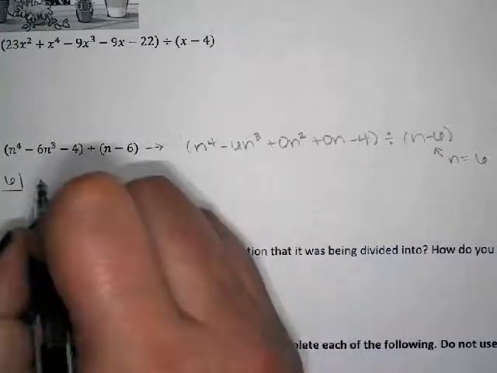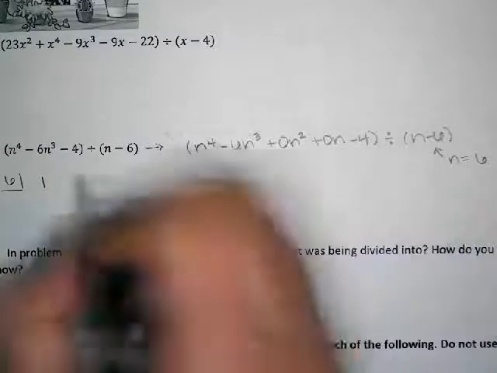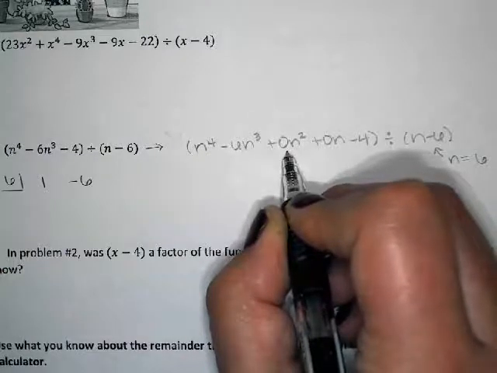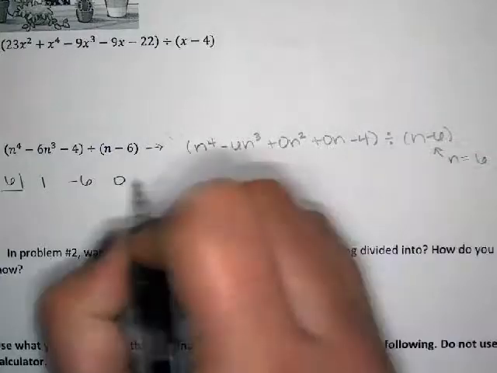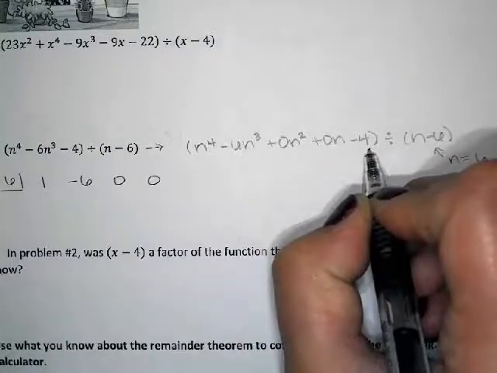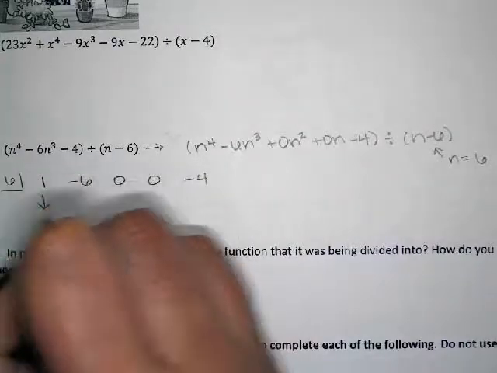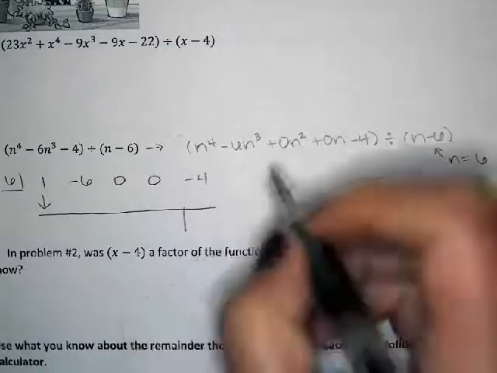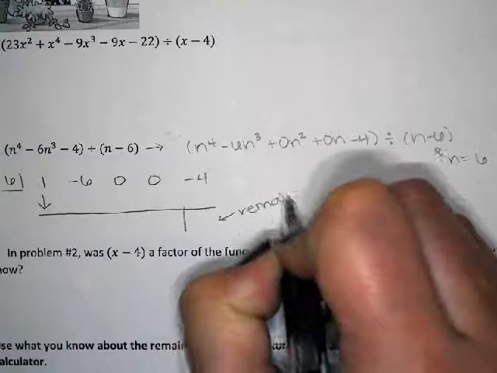No, not 1. 0. 0. Negative 4. Okay. This one is going to drop down. And then this one is going to be where the remainder is. All right. So the 1 drops down.